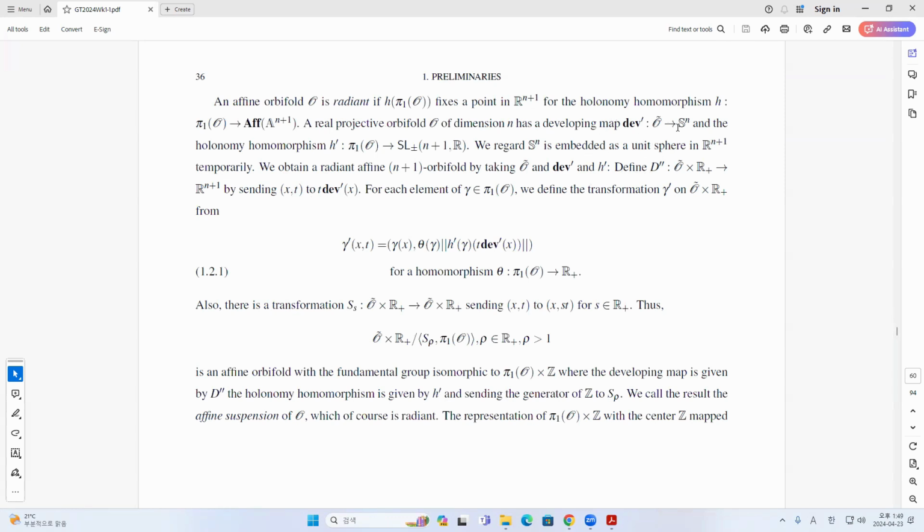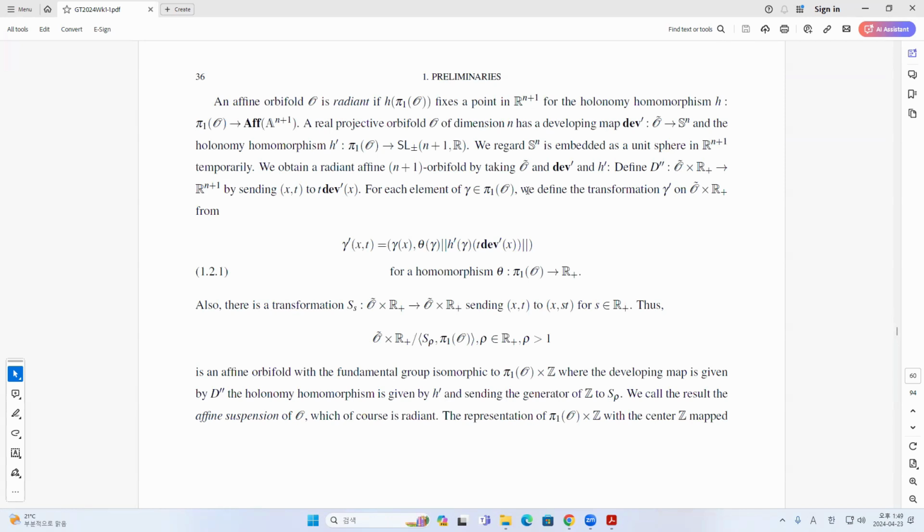So we develop into this unit sphere, and we can consider Sn as the unit sphere here, and then you can extend this. You can define this new developing map by sending (x,t) to t·dev(x).